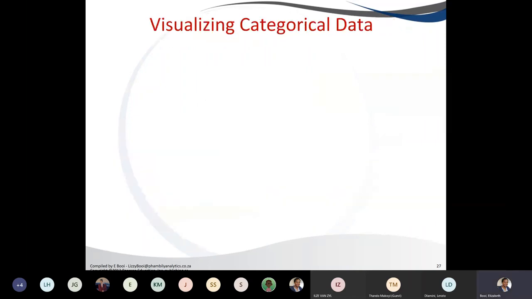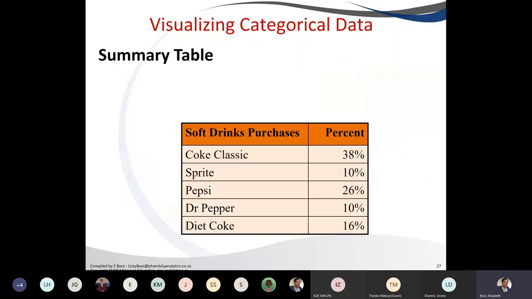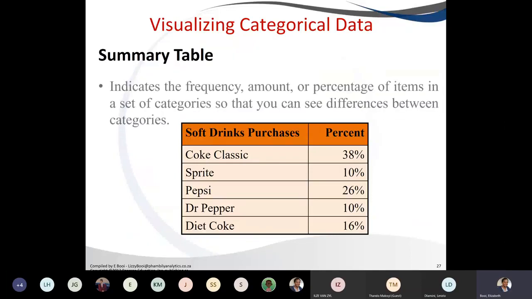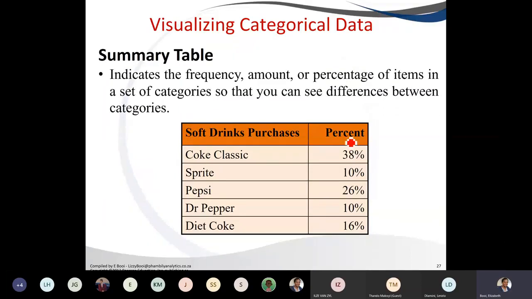So visualizing categorical data, a summary table looks like this. It's just a table that shows you the categories and the percentages. Either we can use percentage or we can use frequencies or count. You don't even have to discuss anything. In your module, they don't expect you to discuss or explain what 38% means.